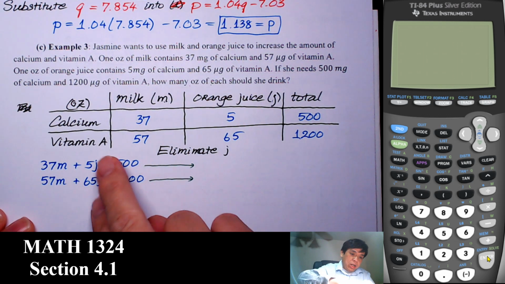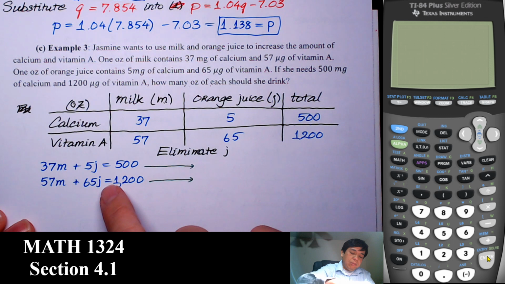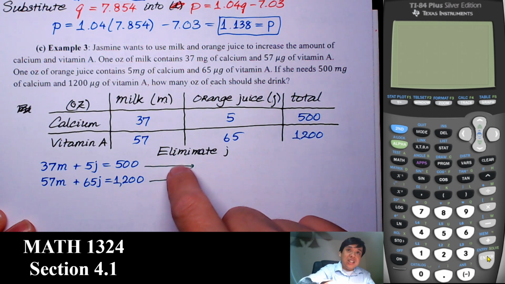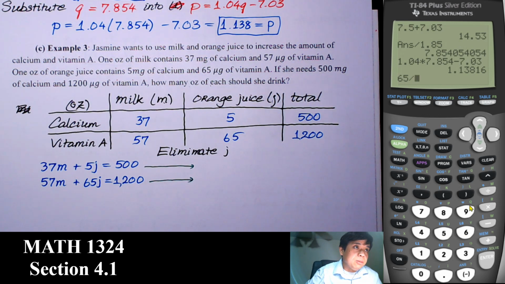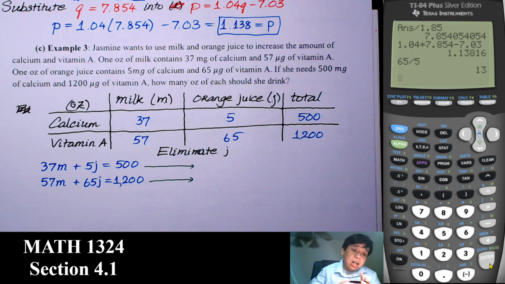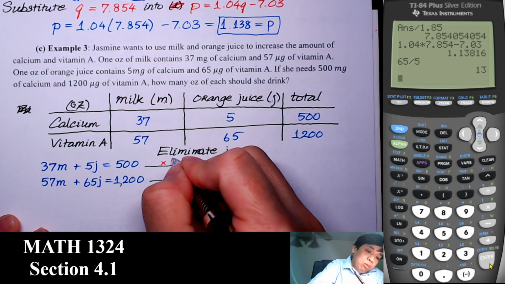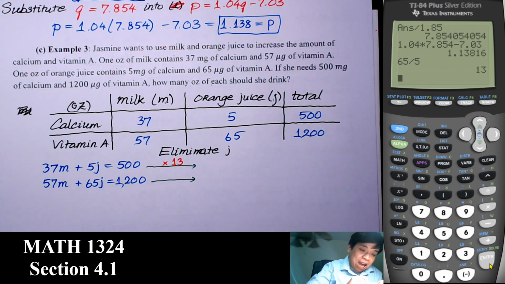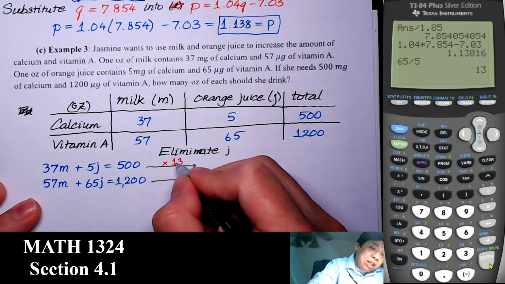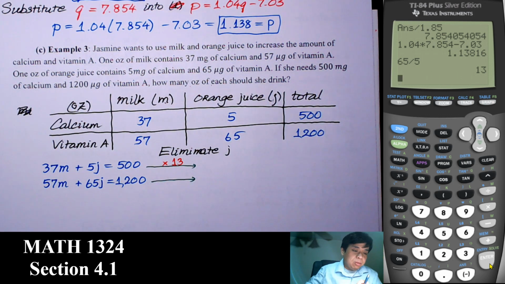An easy way is to multiply by 65 on the top and negative 5 at the bottom, but it's even simpler, because 65 divided by 5 is 13, so we need 13. If we multiply by 13, that will be equal. Actually it should be negative 13, but just 13 is perfectly fine.